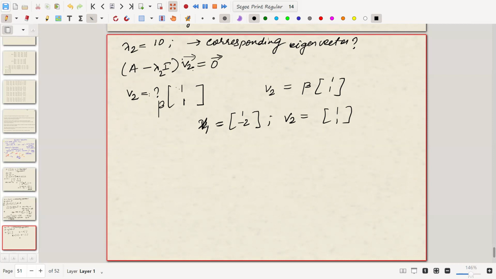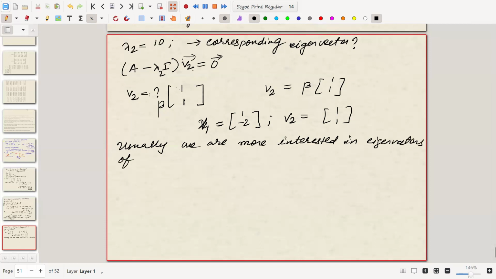Now, usually we are more interested in eigenvectors of unit magnitude. What do we mean by unit magnitude?